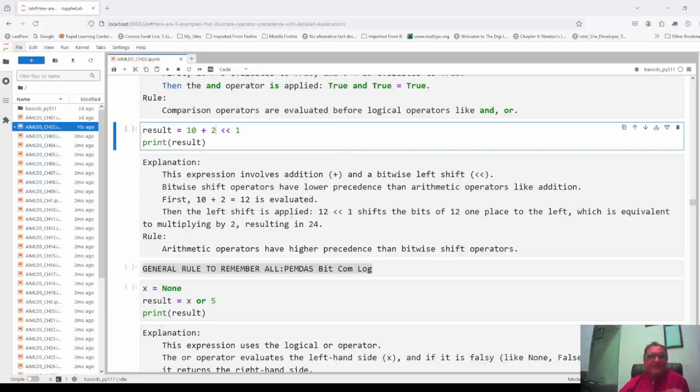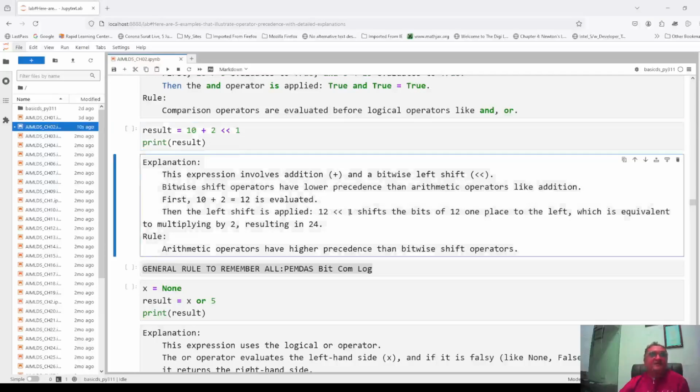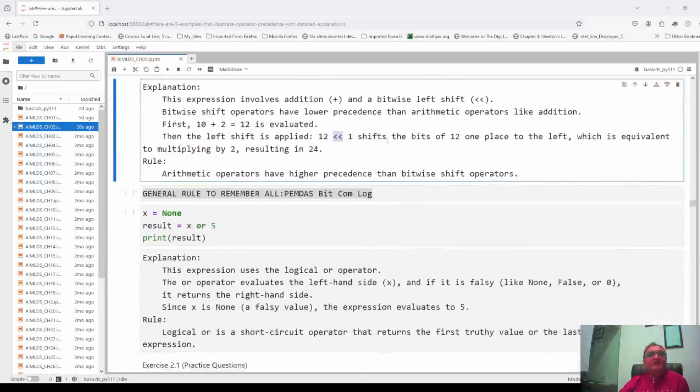Then it will be converted into binary, because a bitwise operator can only work on a binary number, and it shifts the bits of 12 one place to the left, which is equivalent to multiplying by 2. When you shift any binary number one place to the left, in decimal the number is multiplied by 2. So 12 multiplied by 2 will be 24.